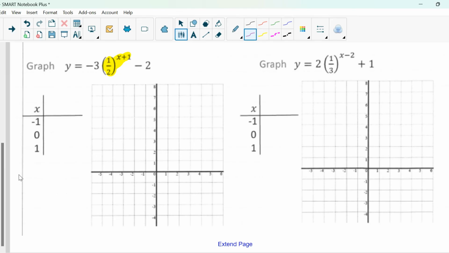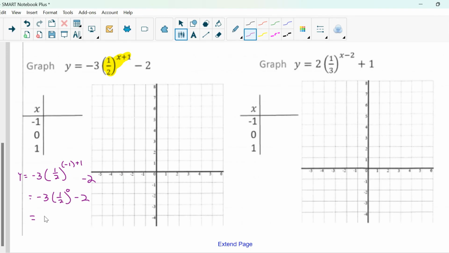If I had my function y equals -3 times 1/2 to the negative first plus 1 power, minus 2, I'd first start by simplifying my exponent. This would give me -3 times 1/2 to the 0 power, minus 2. Remember, anything to the 0 power is 1.